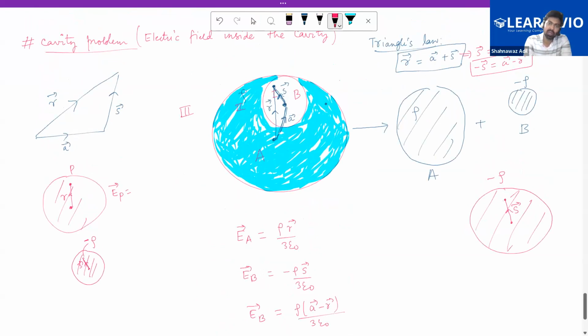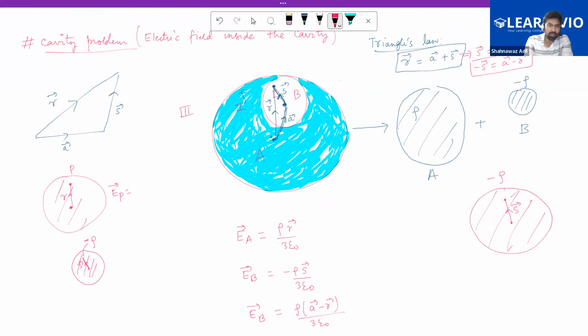We don't have to talk about the distance from the smaller one or the distance from the larger one. We have to just calculate the separation between the two centers. Is this thing clear, guys? Yes, sir.